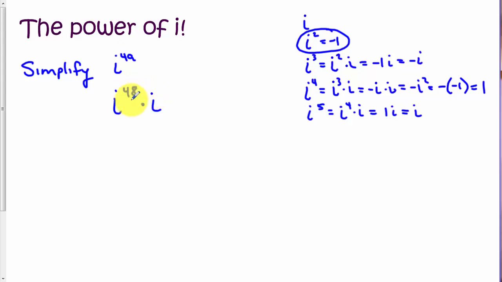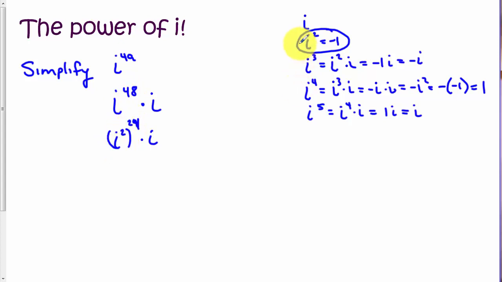And now let's break this up into powers of i squared. Remember, when we raise a power to a power, we are multiplying. So 2 times 24 gives us the 48.